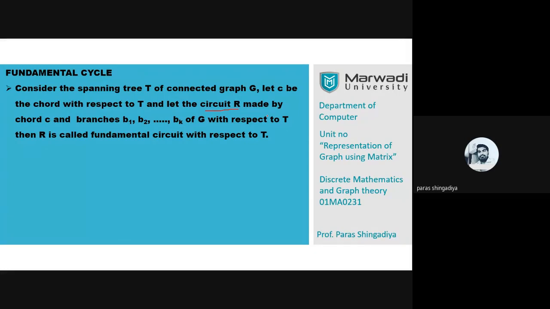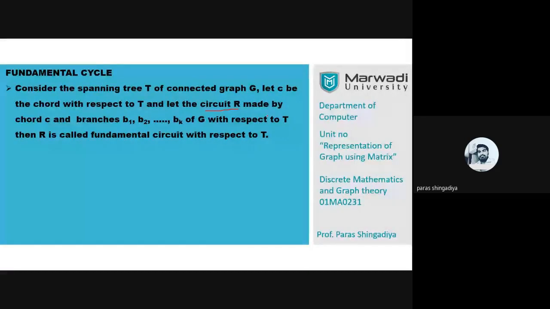How can we create it? First of all, we have to check the meaning of a circuit. A circuit is a closed walk. You start from one vertex and end your journey at the same vertex, with no vertex repeated in between. Now you have to find such a circuit in the graph and check the edge set.